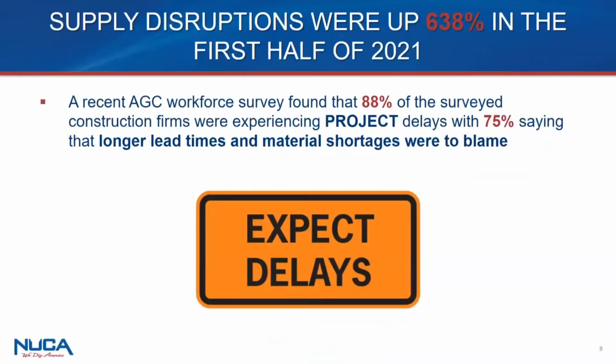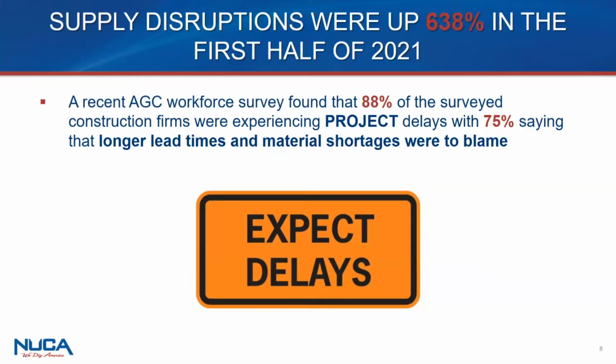Moved too far. There we go. This is you. So what's amazing is to look at the statistics as one measure of the exact scope of how problematic the issue is that we're talking about today. Look, if you look at the first part, supply disruptions were up 638% in the first half of 2021. It's amazing.